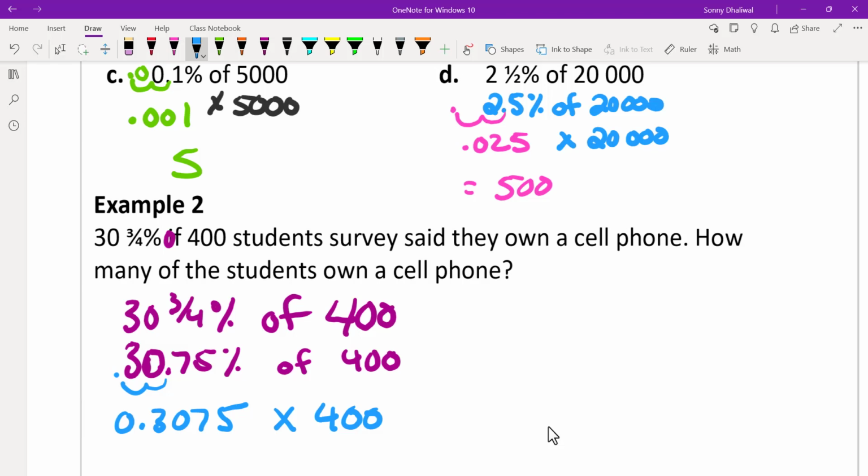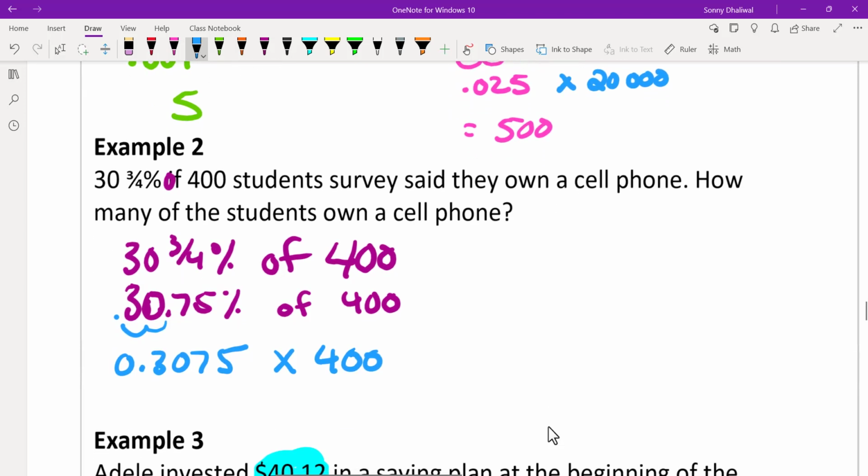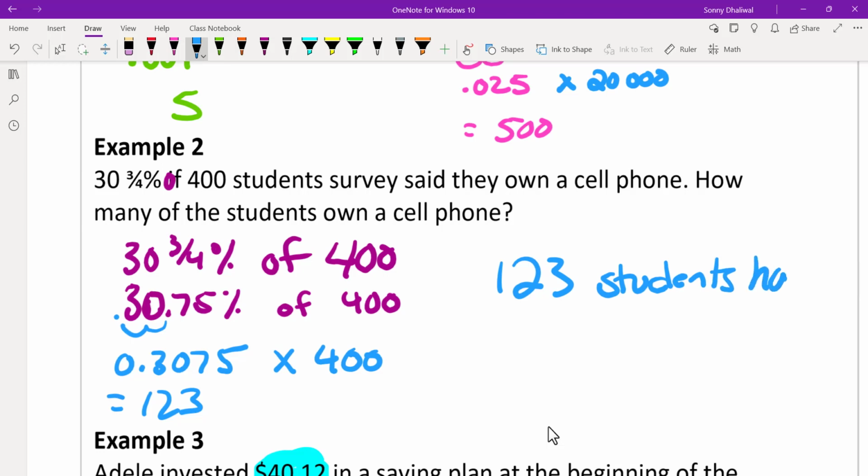Ryder? Yeah, equals 123. So word problems, we always give a little statement. We say 123 students have cell phones.